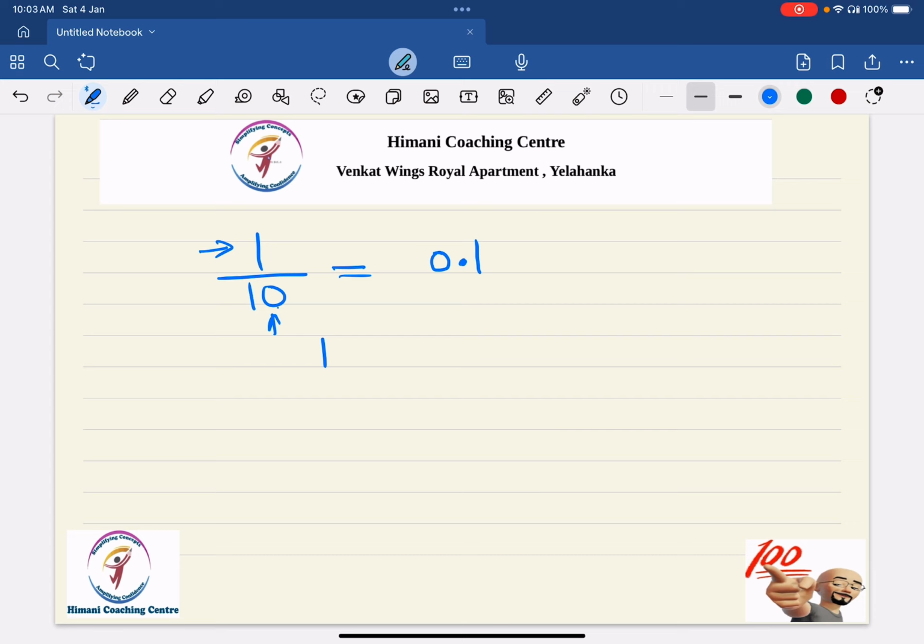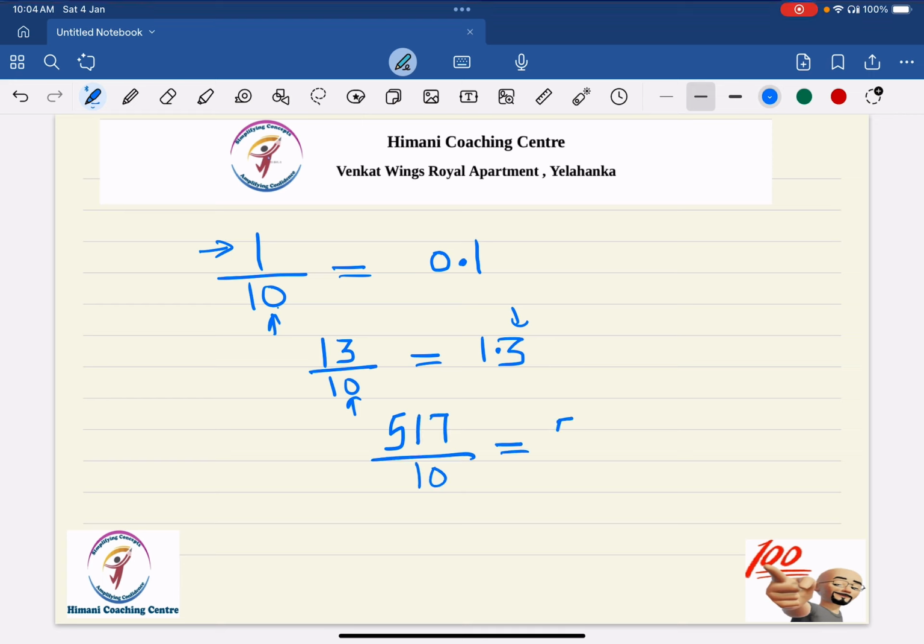Now let us say I want to do 13 by 10. Write 13 as it is, that's the numerator. And then how many zeros? 1. So how many digits after the decimal? 1. So you start counting from the unit digit 1 and put the decimal. So 13 by 10 is 1.3. Okay. Now let us do 517 by 10.